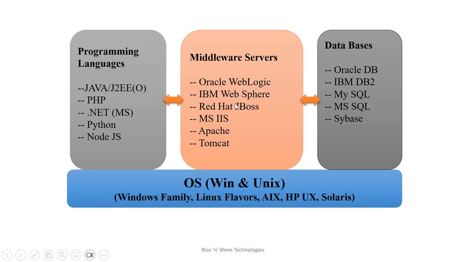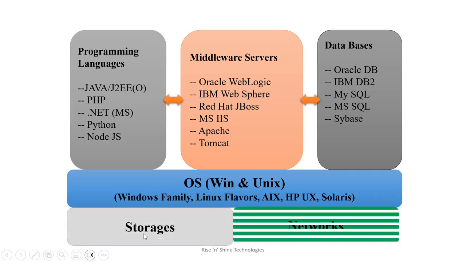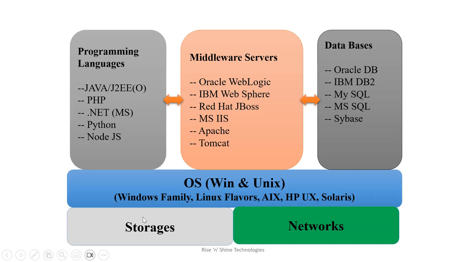As we are saying, servers are processes, and a process is going to consume CPU utilization, memory utilization, disk utilization, and networks. So in the backend, all these components are required, storage and networks.